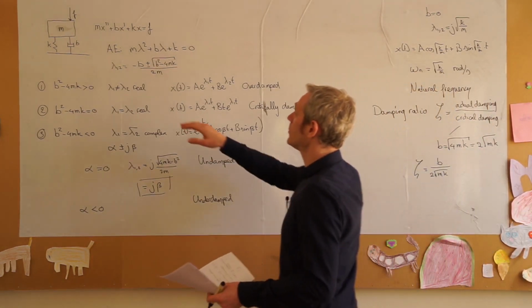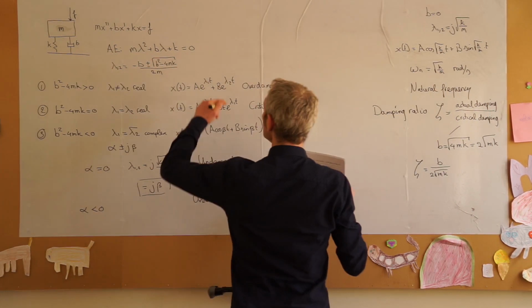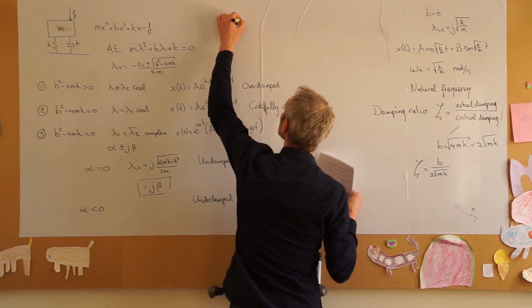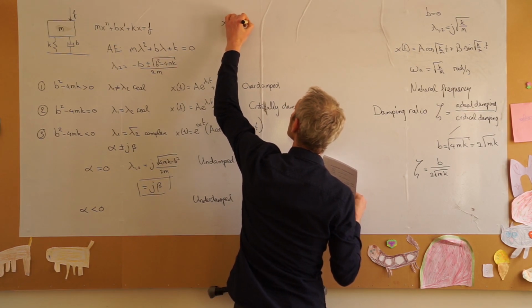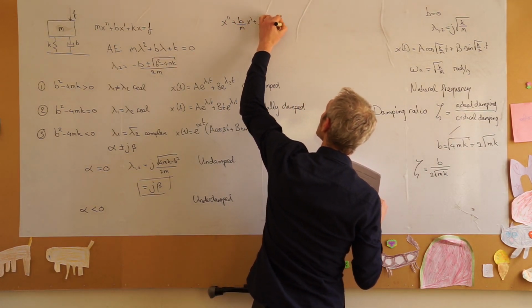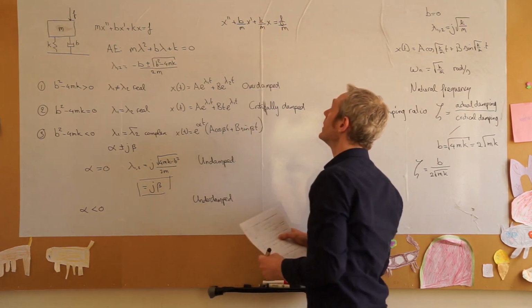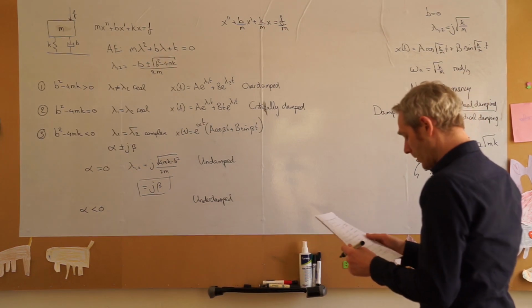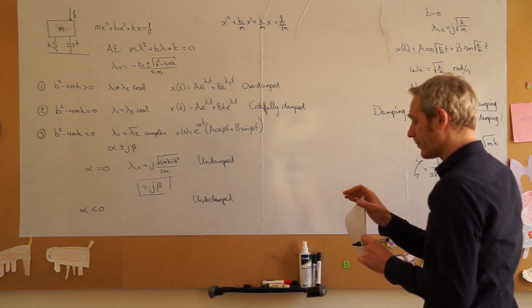Well, first I'm going to change this to x double prime plus b over m times x prime plus k over m times x equals f over m. So I've just divided by m, but that doesn't change the system in any way.